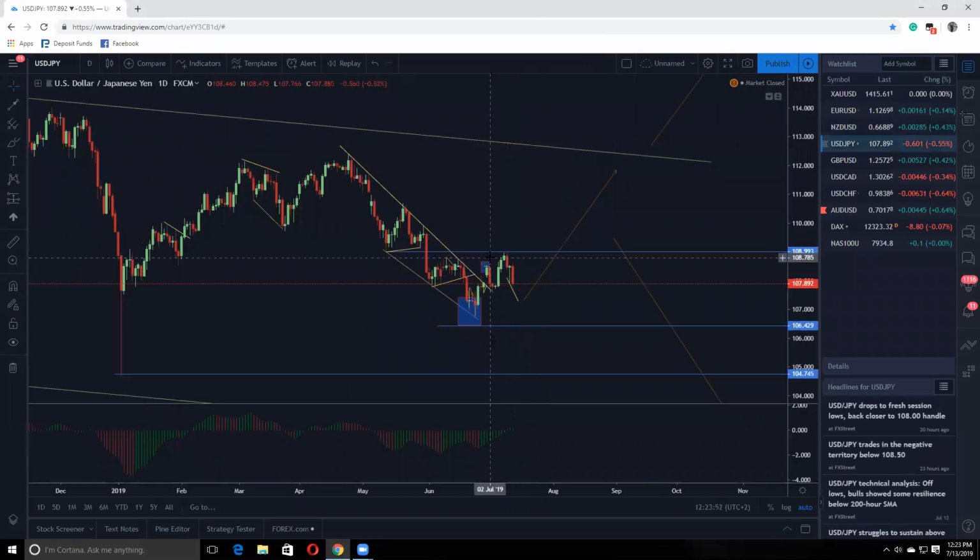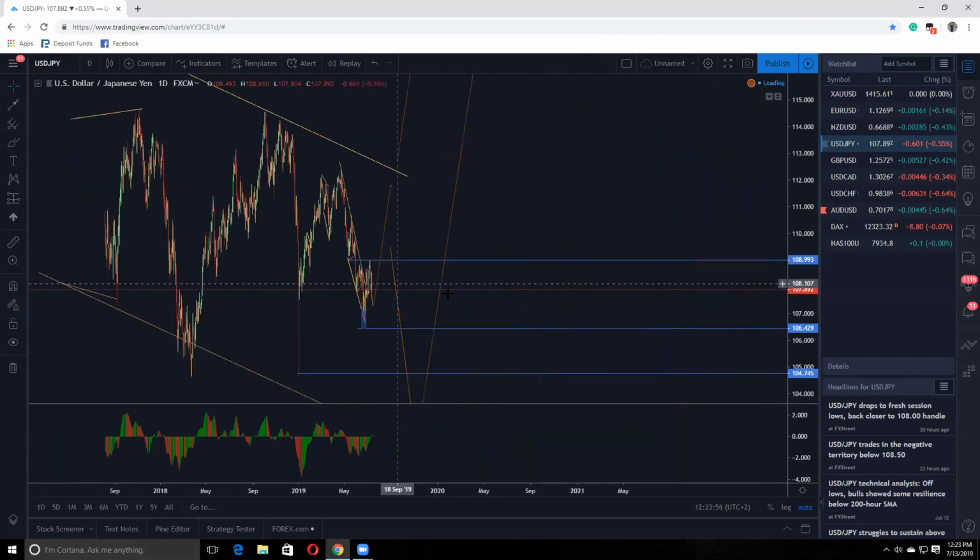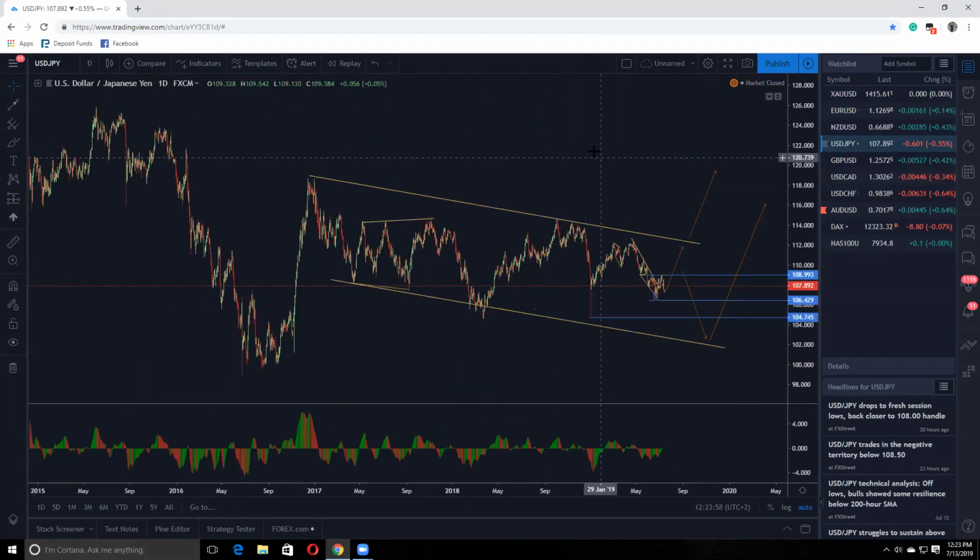USD JPY, looking at a bigger structure, there is this possibility if they go up as a corrective structure here, they might give us one more down before going up. We check.